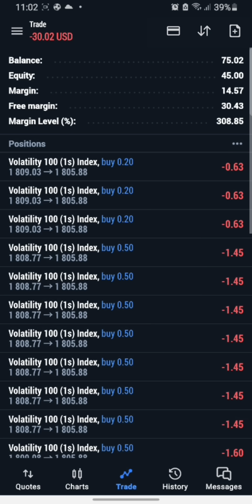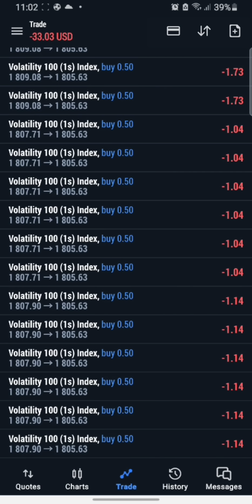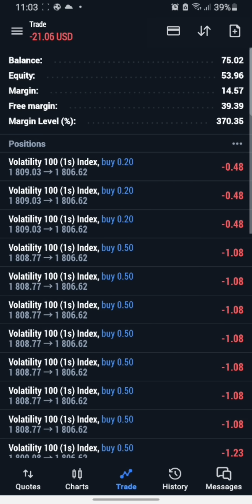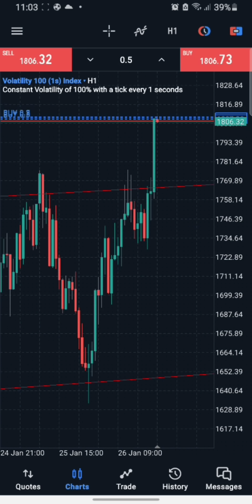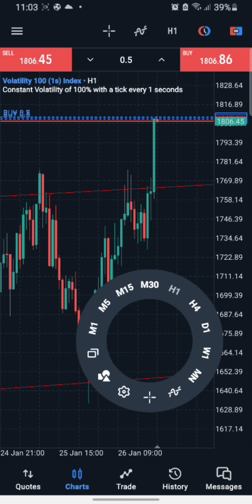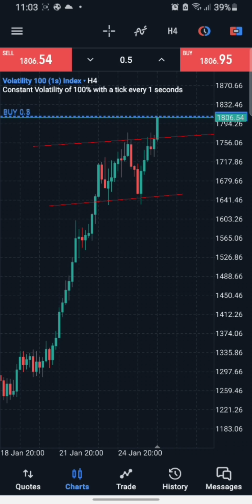Mind you, sometimes it is important to use risk management, because you might blow your account. Like this one, I have put full margin, which is very risky, because with full margin, sometimes even if you are correct, a minimum pullback will blow your account.